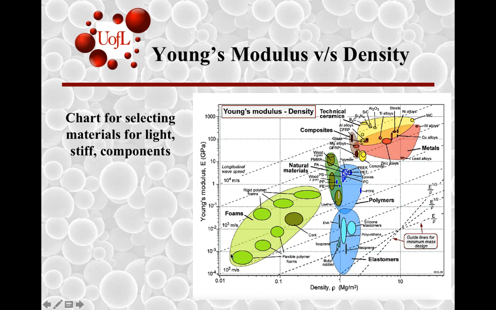One thing you notice is the lightest materials tend to be in the bottom left corner and consist of foams. The heaviest materials tend to be metal alloys, and many of them are refractory metals. Tungsten, rhenium are examples in this region.